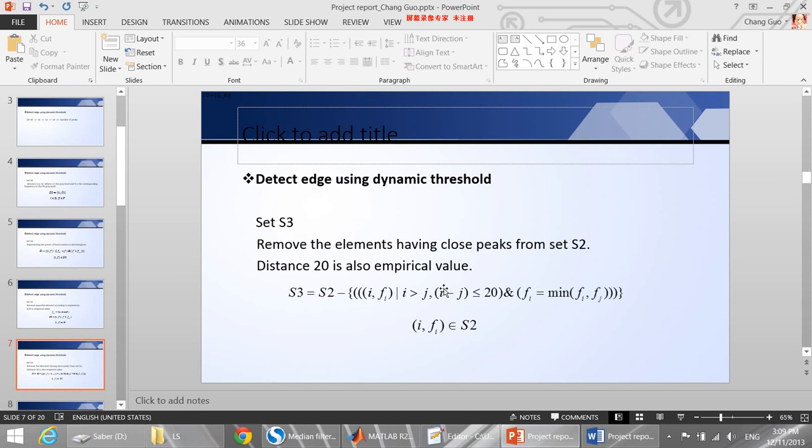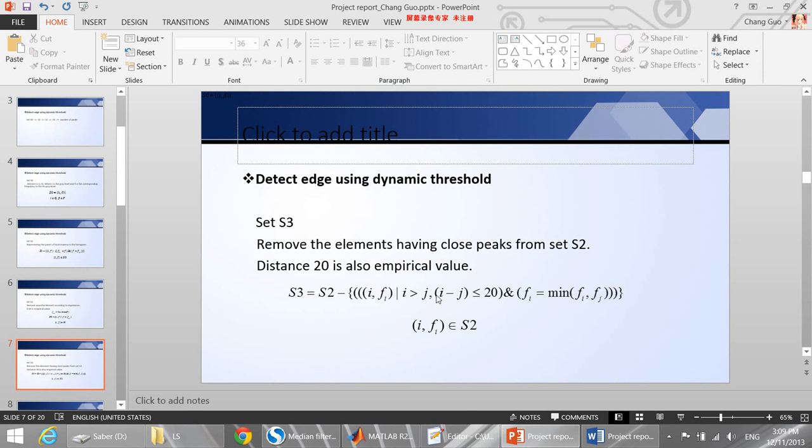For set S3, it removes the elements having close peaks from set S2. Here we check the distance between the gray levels of two elements in S2. If the distance is less than 20, then the element with lower frequency will be removed.